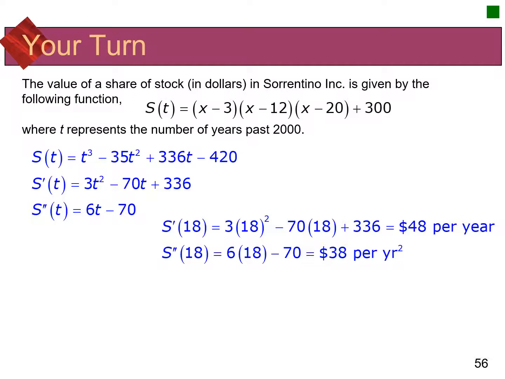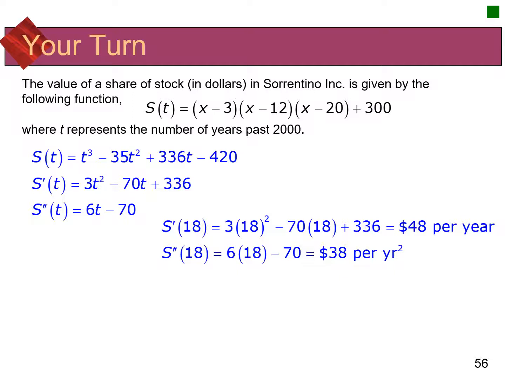that not only is the value of the stock increasing, the amount it's going to increase the following year, I would expect it to be even more than it was the previous year. So basically the next year I would expect it to change by about $86 in 2019.